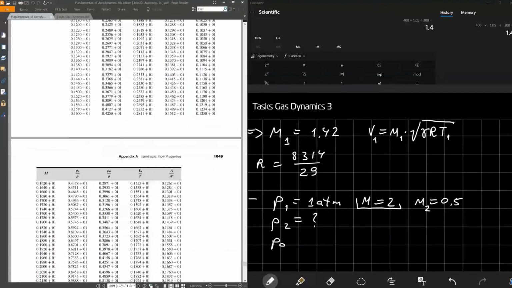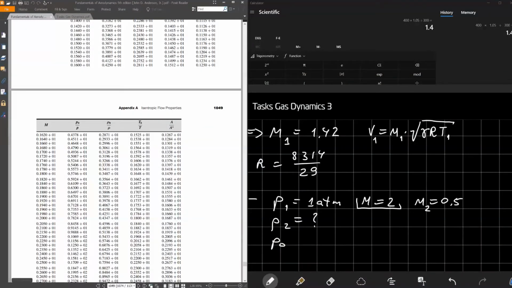Let's see, Mach 2, okay, this one, and the pressure ratio is 7.824. So P0 is 7.824, corresponding to Mach 2, multiplied by 1 atm of my pressure 1, and will be equal to exactly 7.824 atm.